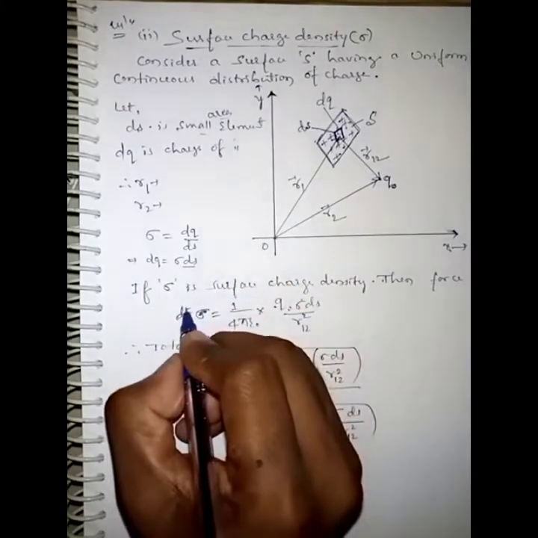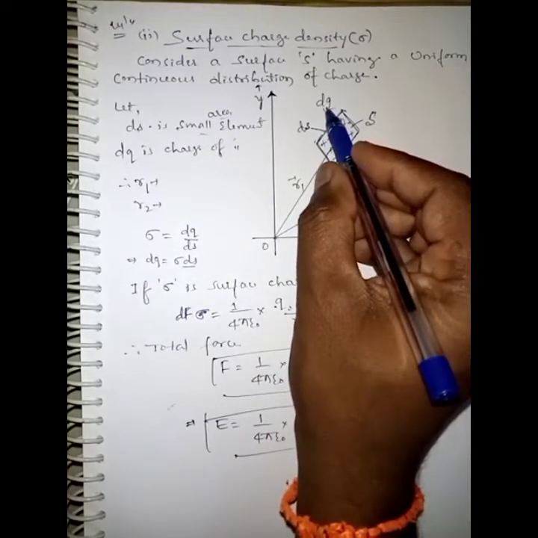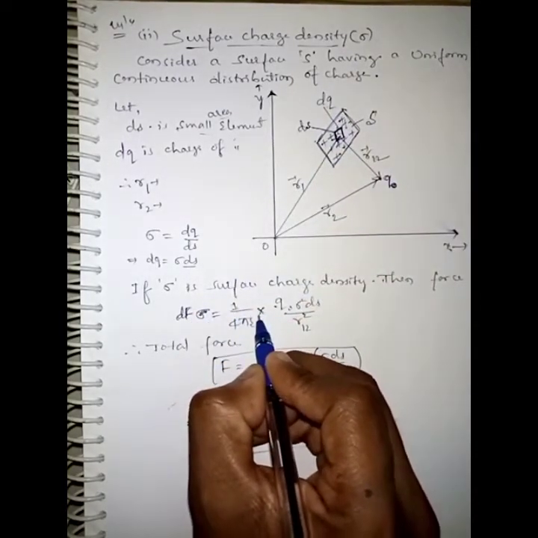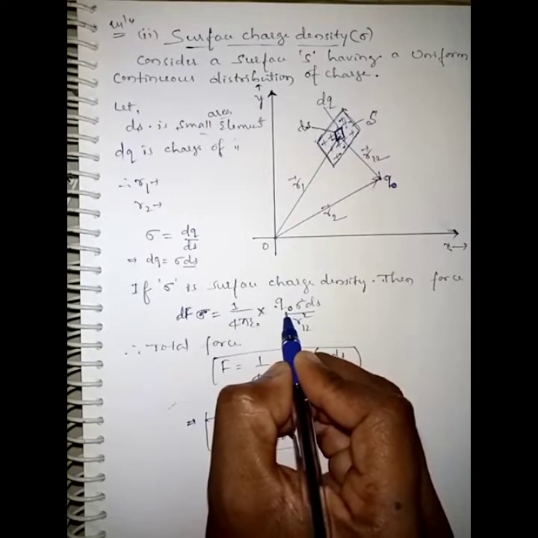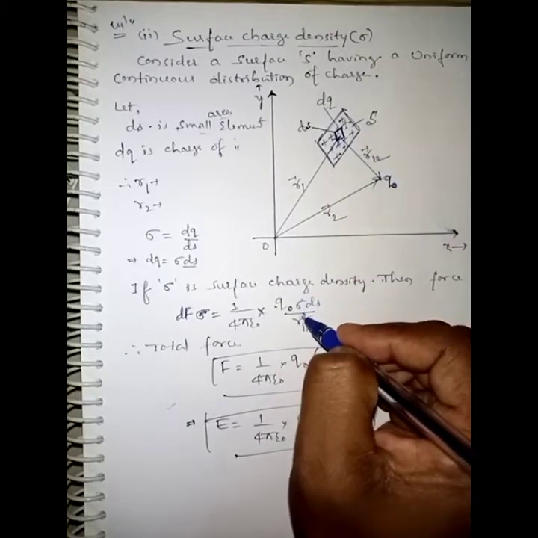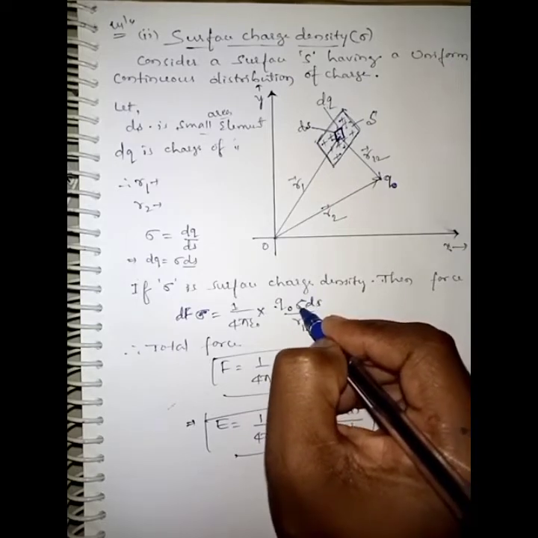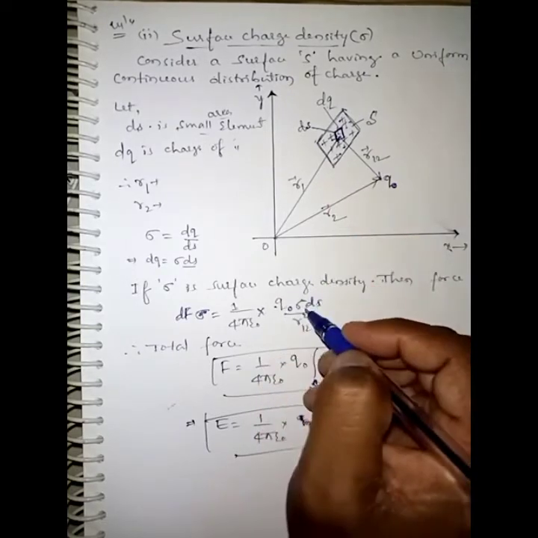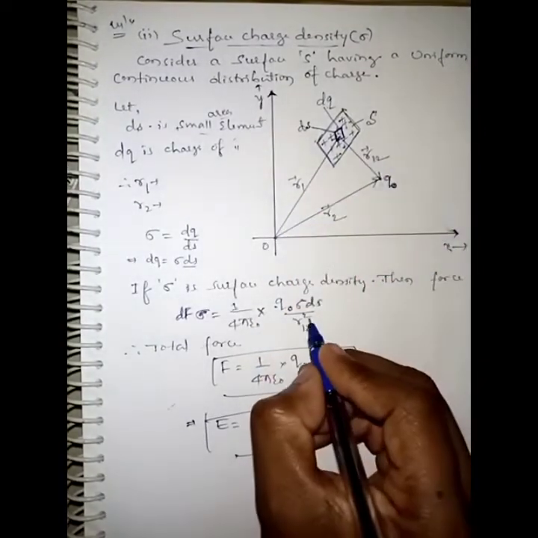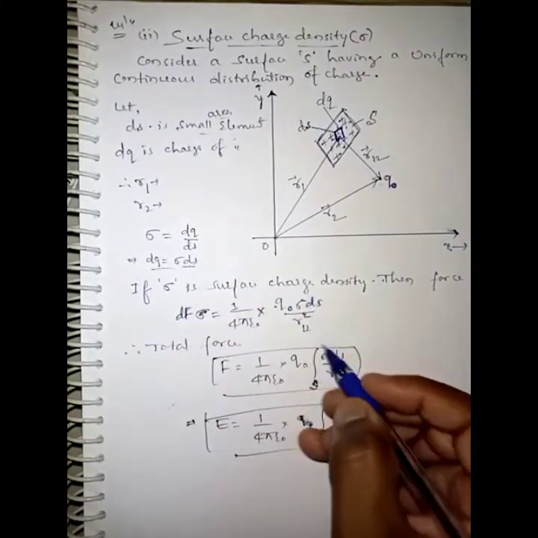Therefore the force acting on a test charge q naught due to this charge dq is dF equals 1 by 4 pi epsilon naught into q1 into q2 divided by r12 square, where q1 is sigma into dS and q2 is q naught, and r12 is the distance between these two.